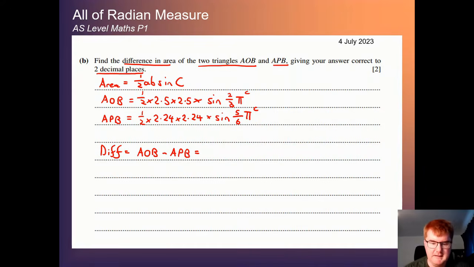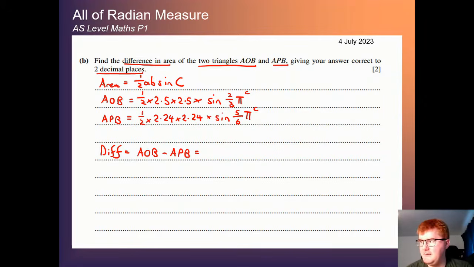So 0.5 times 2.5 times 2.5 times sine of 2 pi over 3 and minus, and it doesn't matter which way around we do it because we're going to take the absolute value, but this should give us a positive answer, times the sine of 5 pi over 6, and press the equals button.